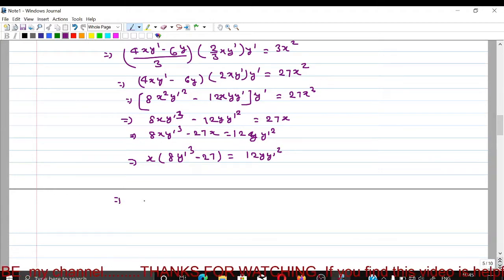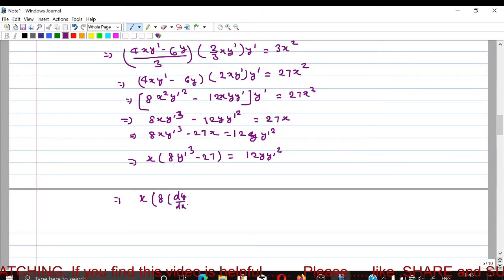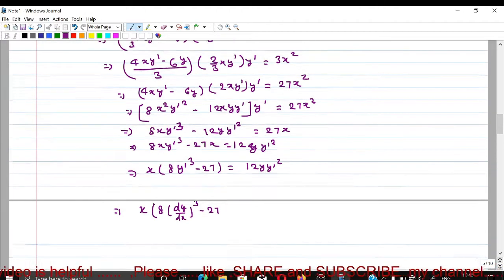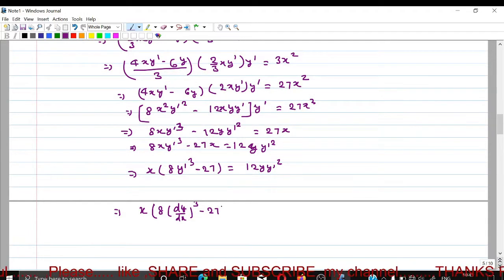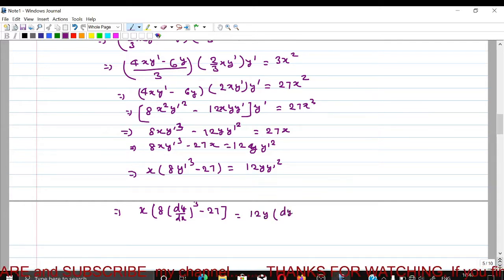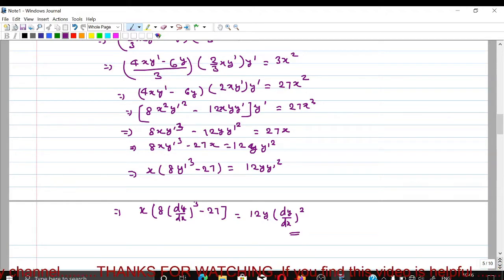So after getting this, you can simply write 8 dy upon dx to the power 3 minus 27 equal to 12y into dy by dx square. After simplifying, finally we get x bracket 8 dy by dx to the power 3 minus 27 equal to 12y dy by dx.